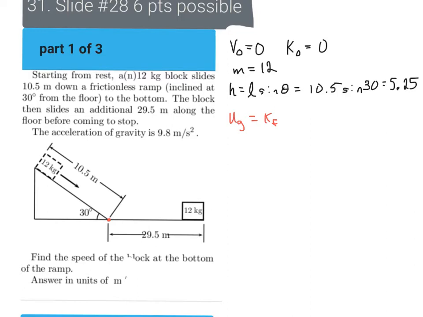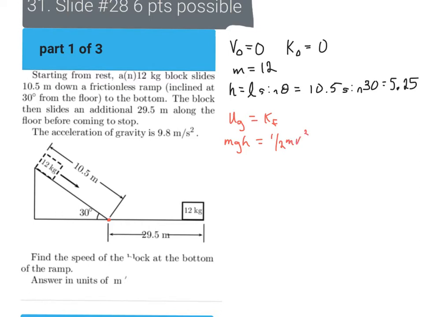Okay, so we'll expand our equation. We know the equation for potential energy is mass times gravity times height, and we know all of those numbers. And then the equation for kinetic energy is 1/2 the mass times velocity squared.